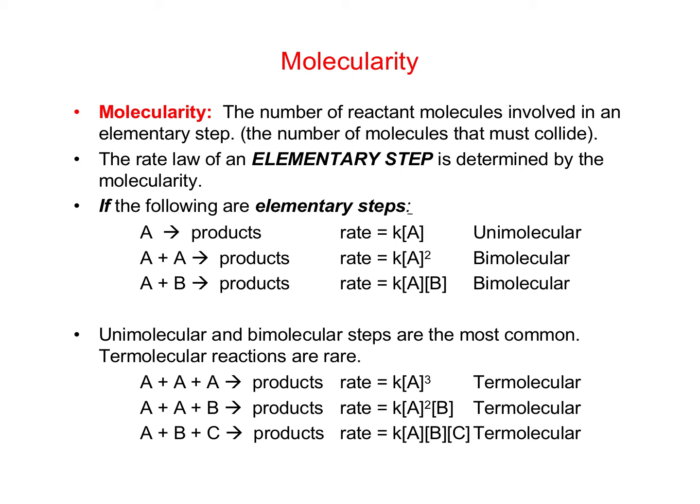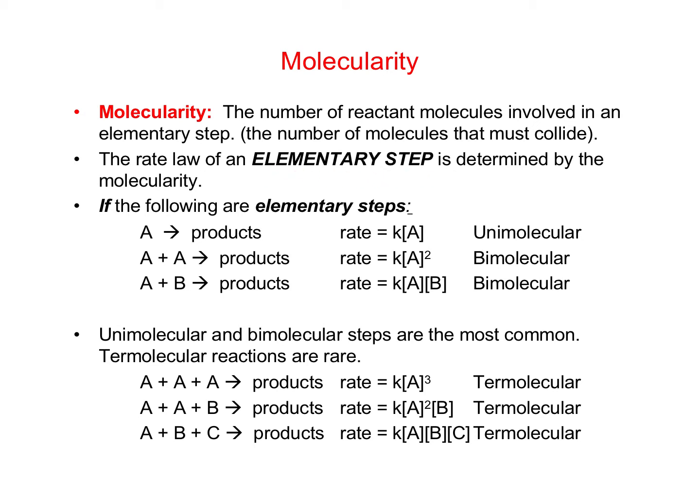As we saw in some of the very first material we covered in this chapter, when we're given an overall reaction, I can't use the stoichiometry of that overall reaction to write the rate law. But it turns out we can do that if we know we're talking about an elementary step.